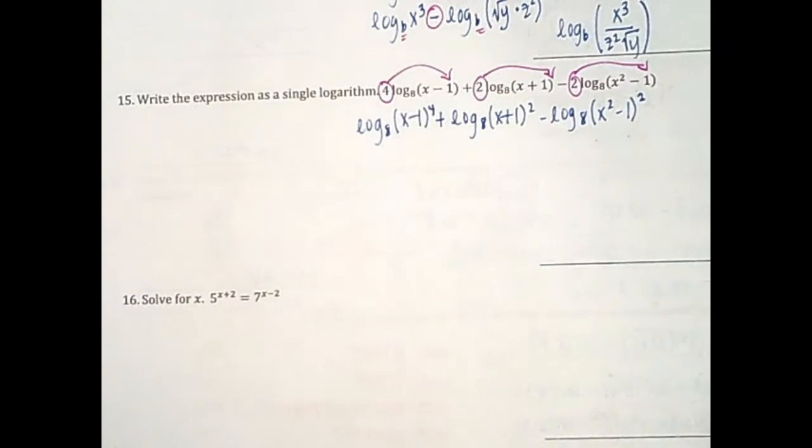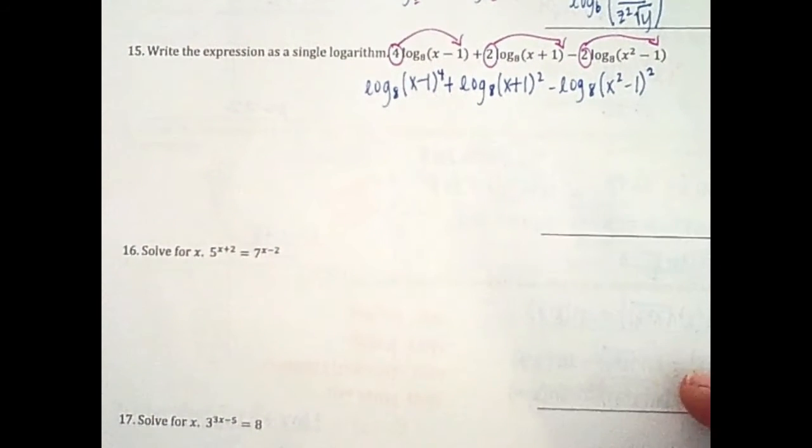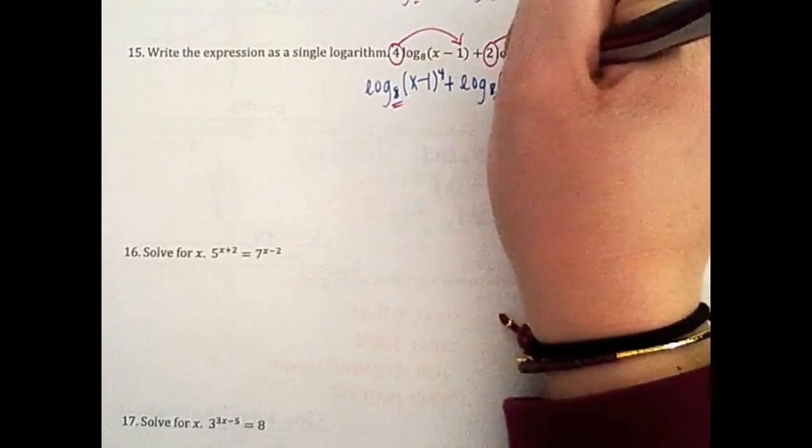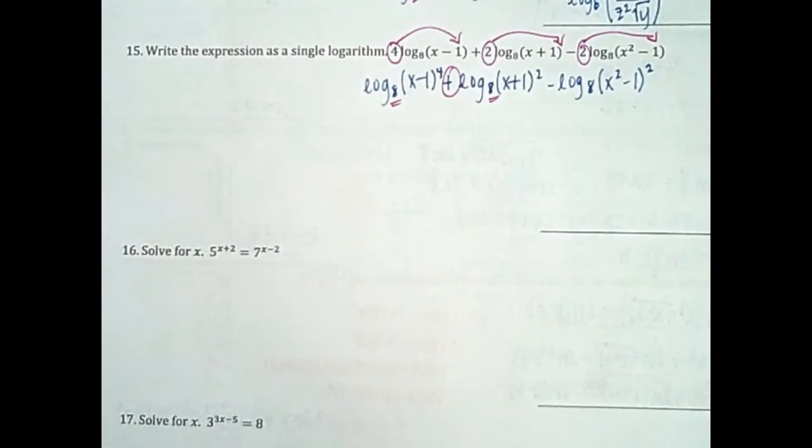Okay, so then there are no fractional exponents here, so I don't have to worry about that. So at this point, what I'm going to do is apply the product rule. So we have 8, same base, they're adding, so I'm going to combine them by multiplying them together.